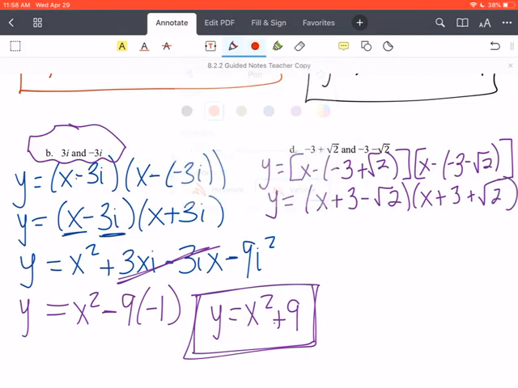All right, from here, we are going to distribute starting with the x, so y equals x squared plus 3x plus x root 2.